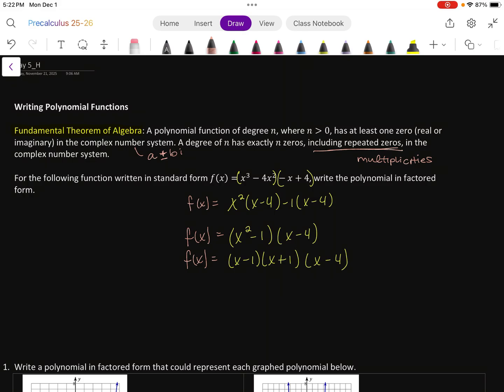So we've actually been able to graph this function in both standard form and in factored form. So today we're going to go from this, using given zeros, back to the standard form. That's writing, so factored form here, standard form here.